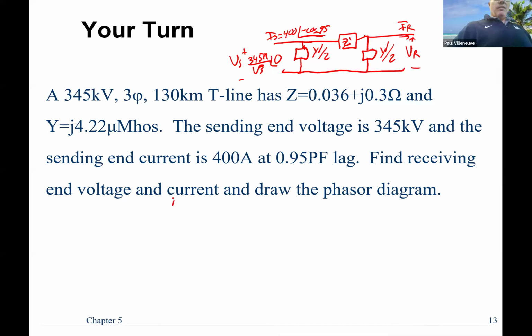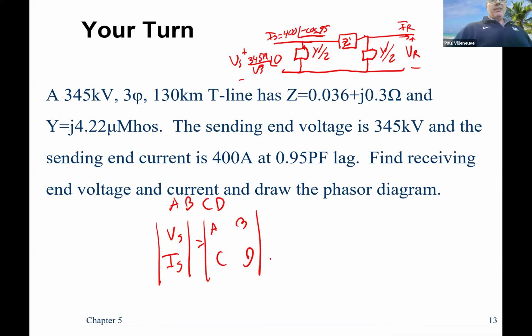Now I'm going to solve for A, B, C, and D. And in my equation, I know what IS and VS are equal to. I know what A, B, C, D are equal to.